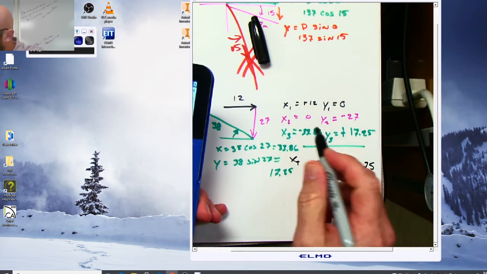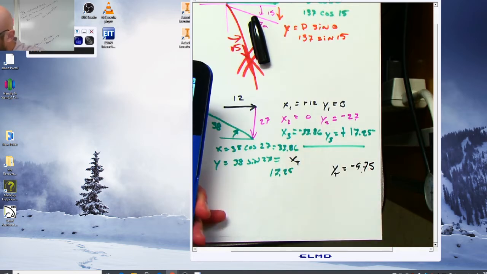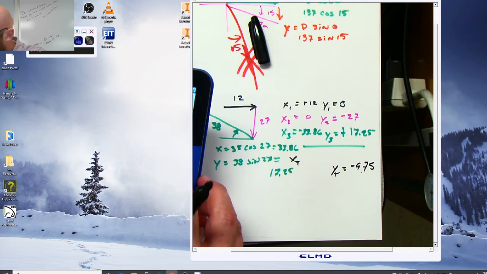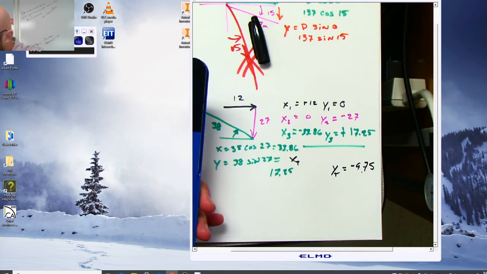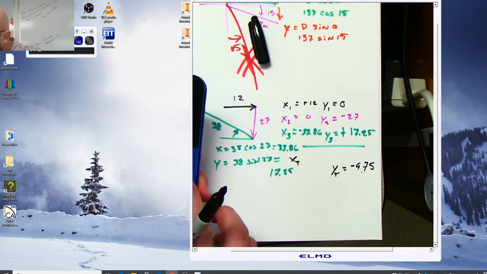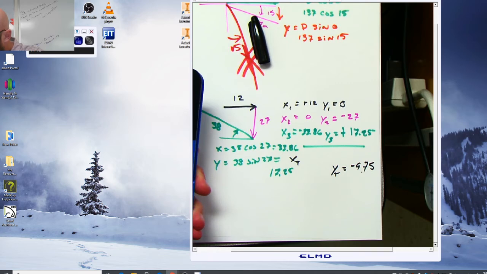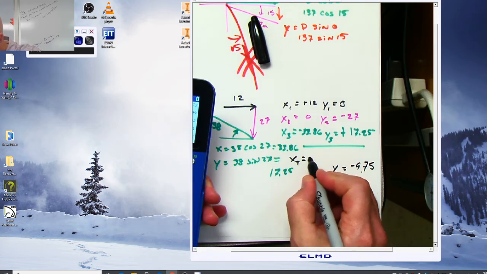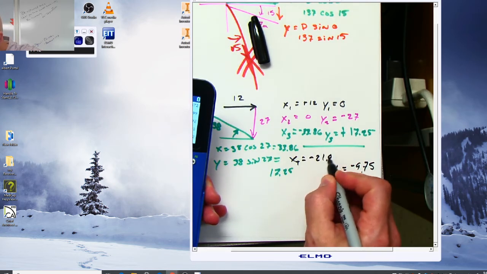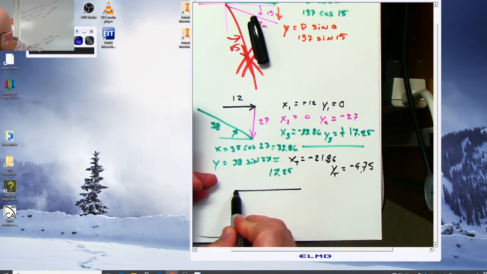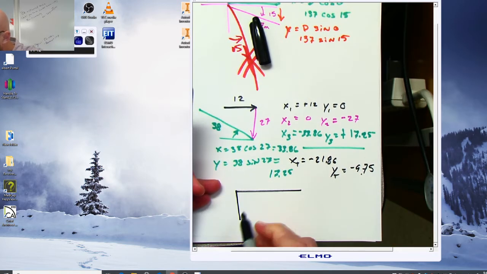X total, it's a negative 33. Negative 33 plus the 12 equals negative 21.86. So negative 21.86, negative 9.75.